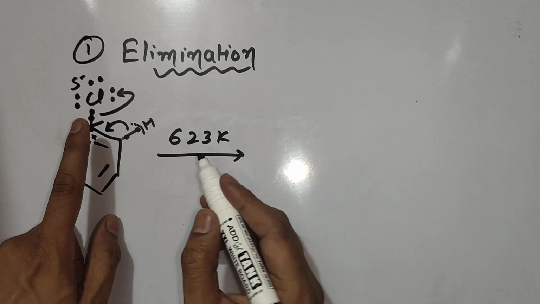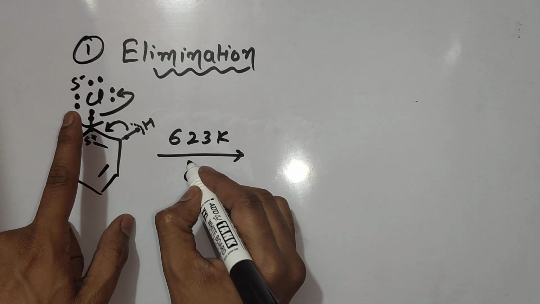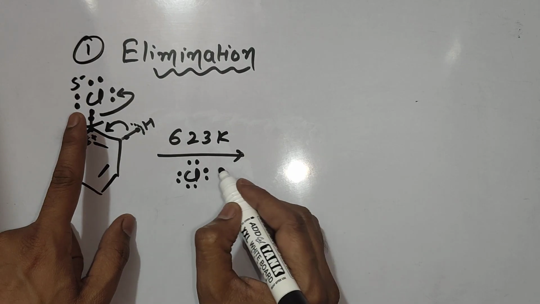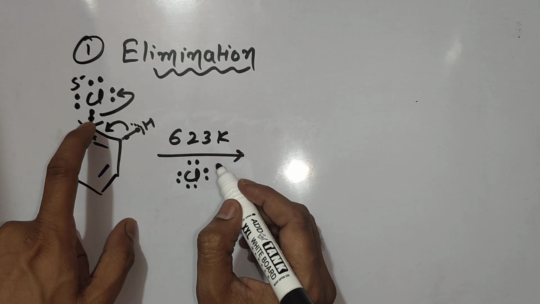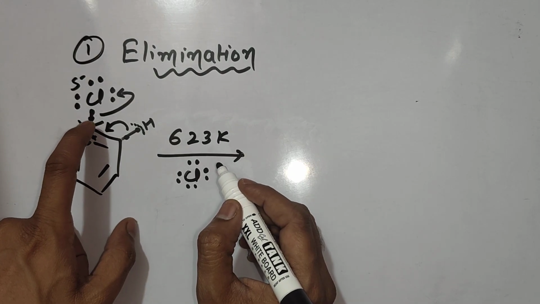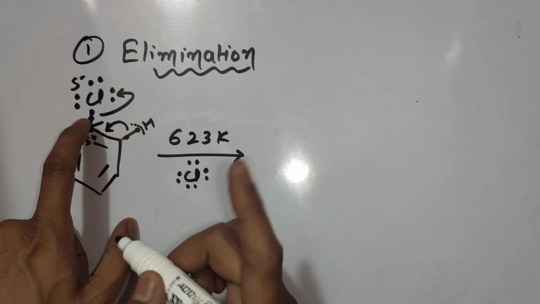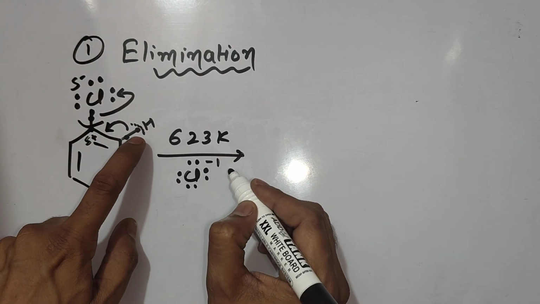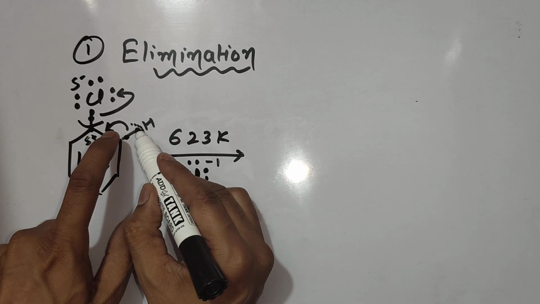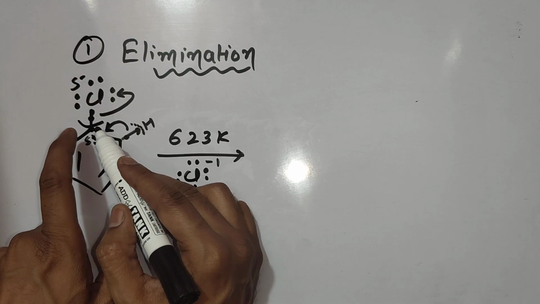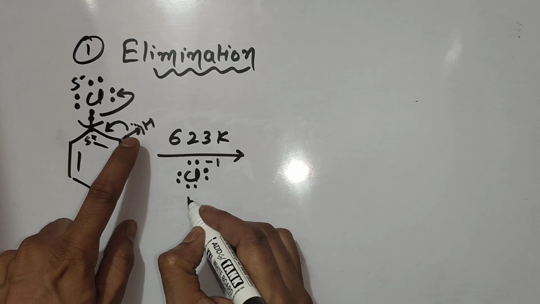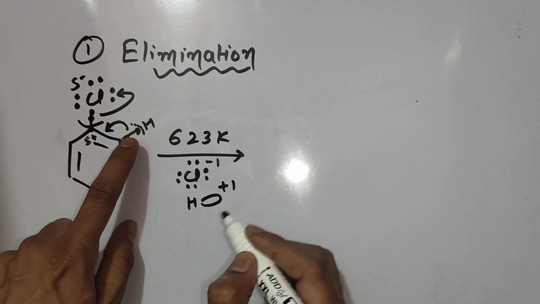So from here, number one, Cl with 4 pairs of electrons will go out. It already has 3; the fourth will come from this side, and in this fourth pair, 1 electron was of carbon. So it gets 1 extra electron, so a -1 charge. And this hydrogen loses its electron because the electron is going to that side to satisfy the vacant orbital. So this H will be released as H positive.